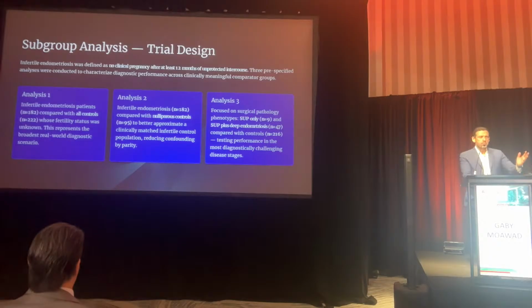And this probably represents what happens in real life. The second subgroup, comparing infertile with nulliparous only, is just to reduce the confounding factor of parity. And the third sub-analysis was focusing on superficial peritoneal and superficial with deeply infiltrative to test the performance in the most diagnostically challenging stages.